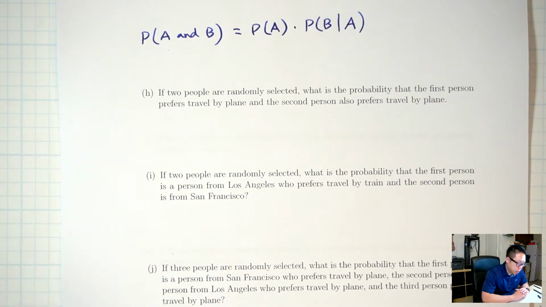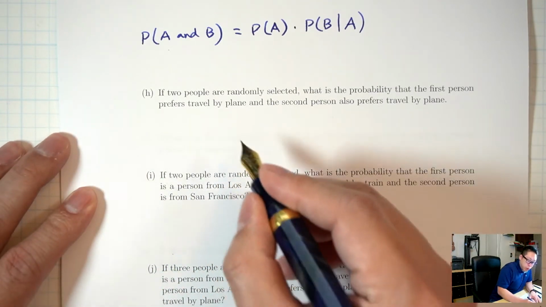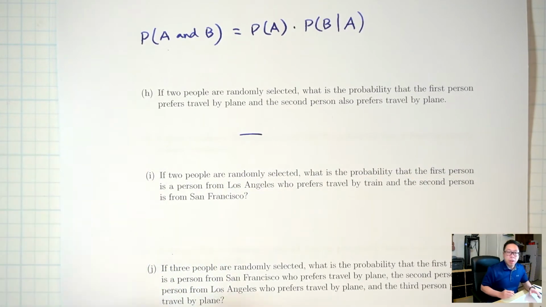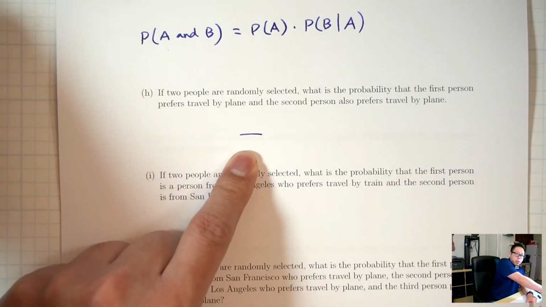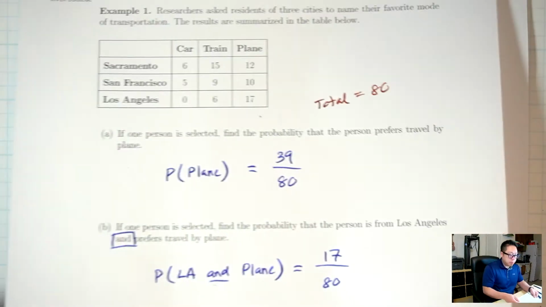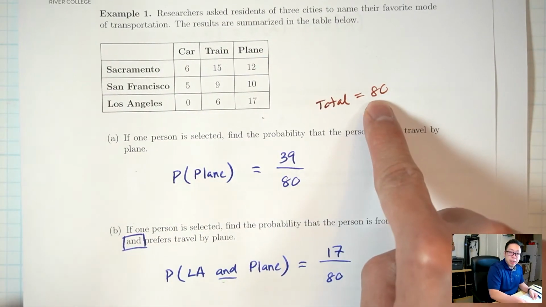Part H. If 2 people are randomly selected, what's the probability that the first person prefers travel by plane and the second person prefers travel by plane? All right, so we're going to start off with the first person. So what's the probability that the first person prefers travel by plane? The bottom is going to be everybody. And so how much is everybody? Everybody is 80.